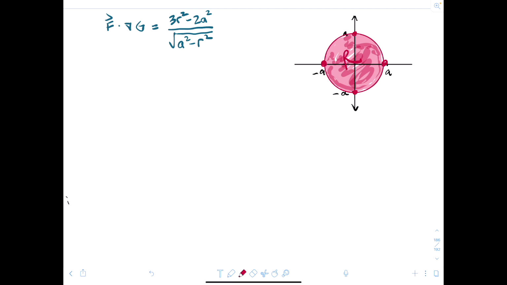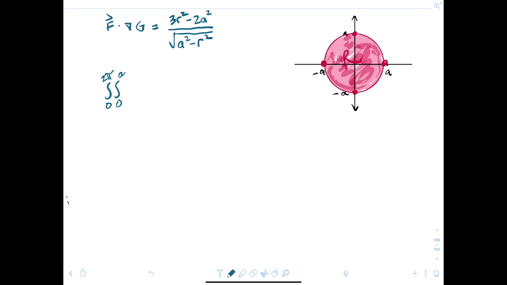Alrighty, so here we go. Theta is going to be going from 0 to 2 pi, and then we're going to have r going from 0 to a.